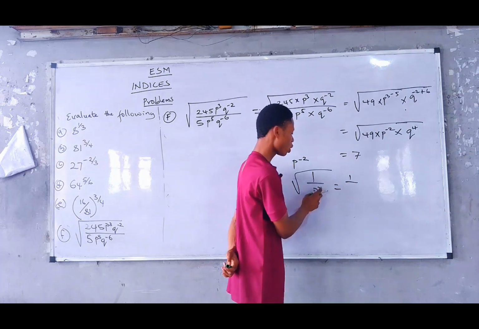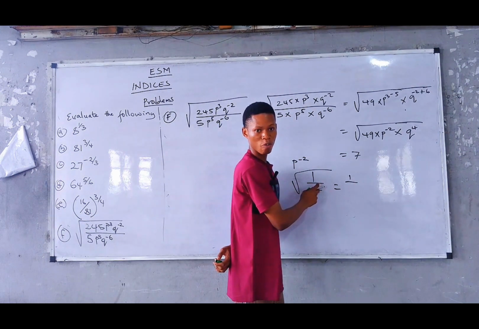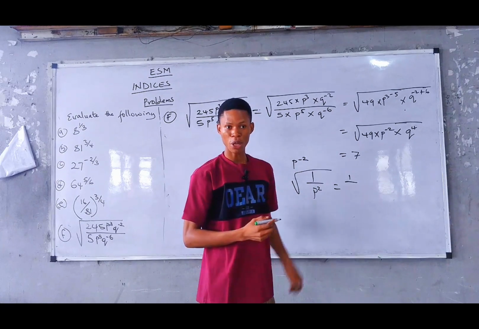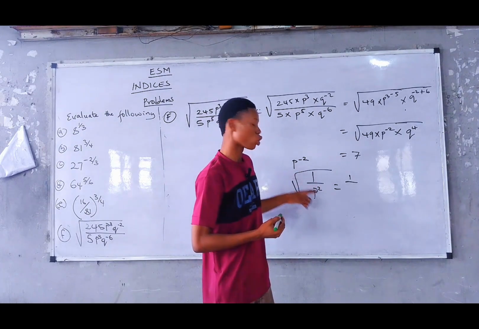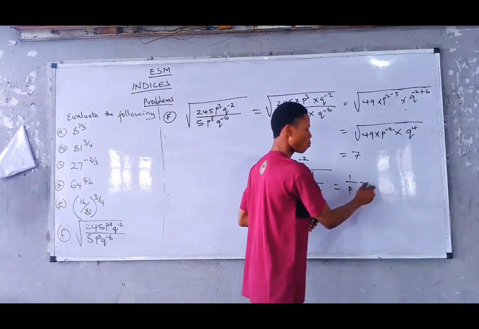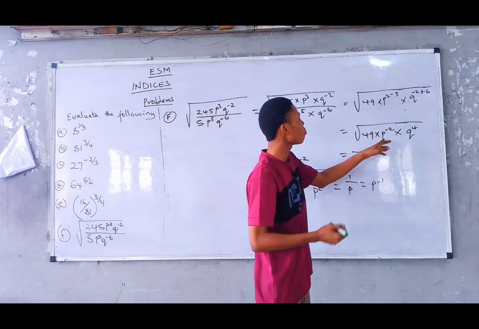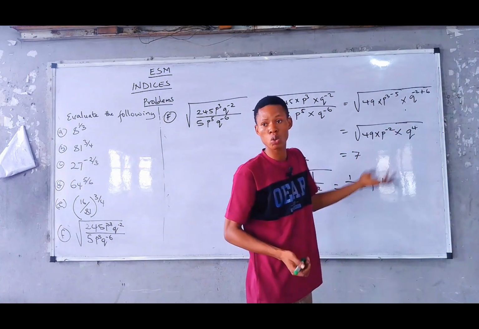All over. Square root of P square is what? P. How? Square root will remove square, right? So we have P. And 1 over P is the same as P raised to power minus 1, right? So from here, the square root of P raised to power minus 2 is P raised to power minus 1.